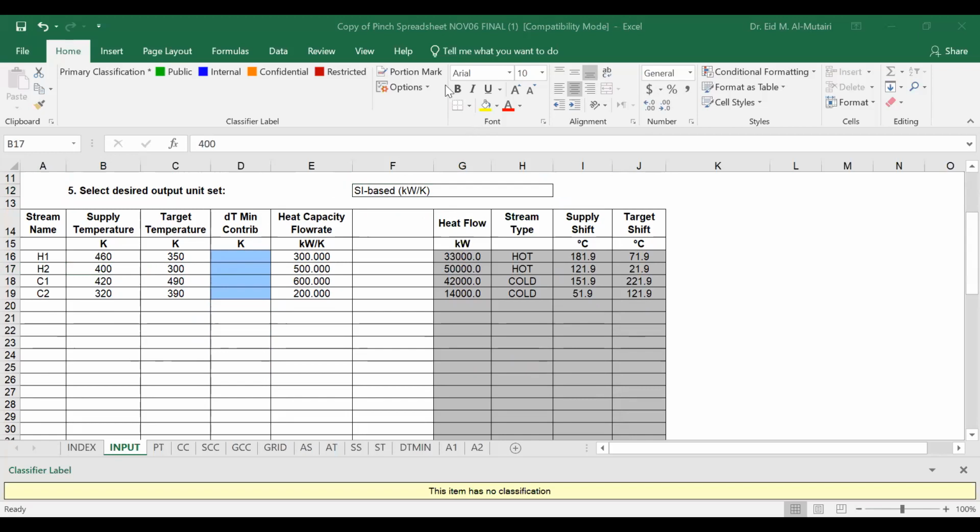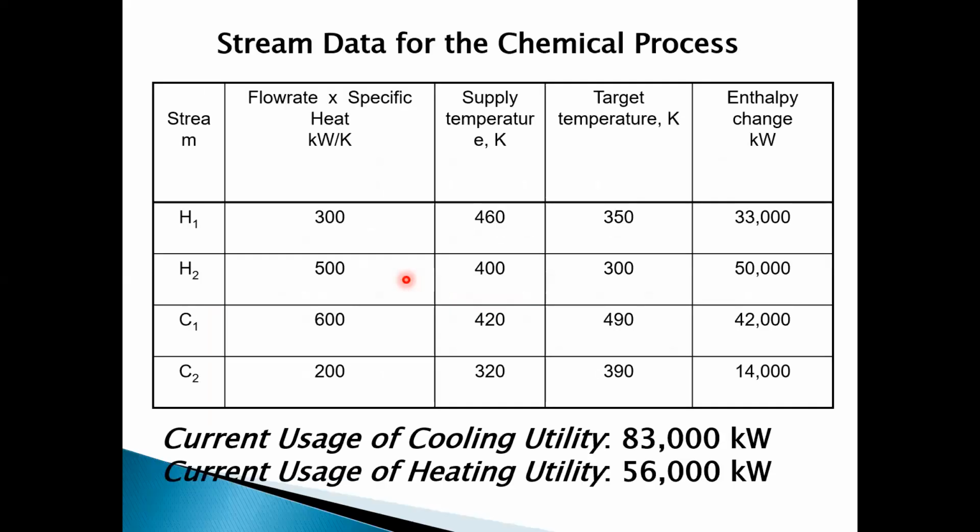So here in the data, as I showed you, this is supply temperature, target temperature. This is CP, this is the duty. You can choose the CPs or you can use the duty. Either one will work. Can you see the slide?